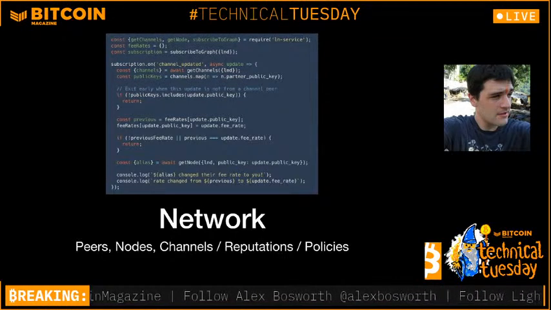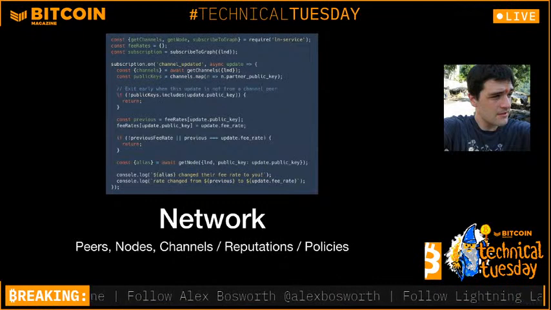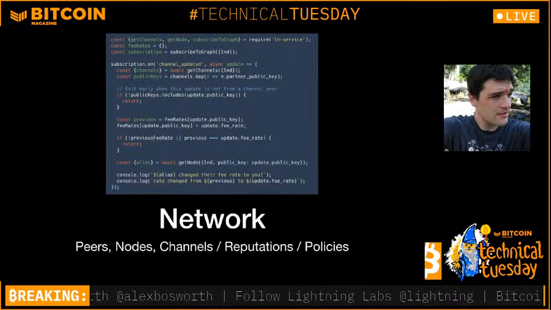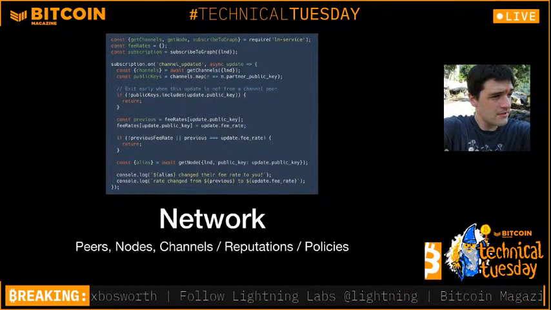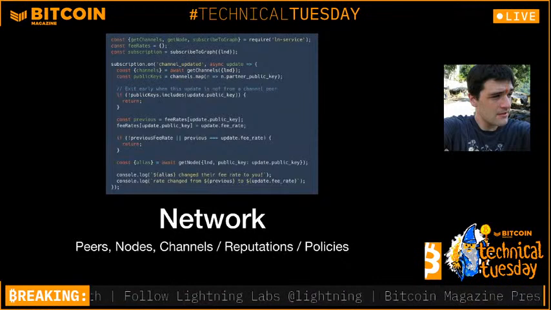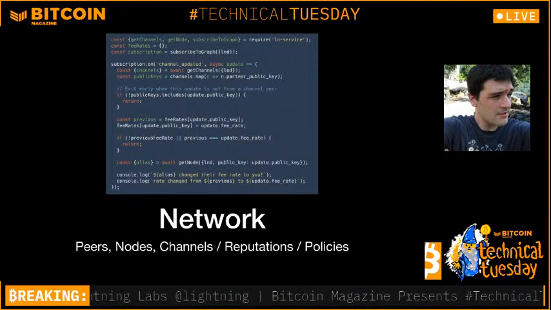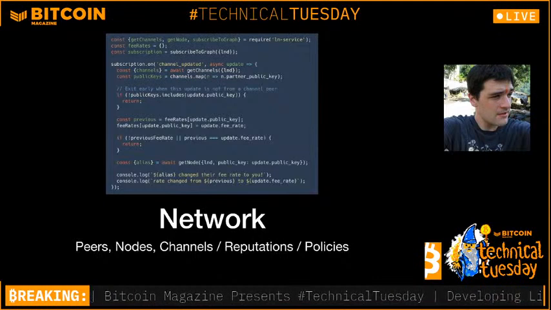Nodes on the network have optional metadata about them, including an alias. So you can set the name of your node. And so here I can give a message that says the name of one of your peers, they changed their fee rate to you. And then I say it was this fee rate before, and now it's this new fee rate. I even see a bug in this code, which is previous fee rate should be called previous, but you get the idea.